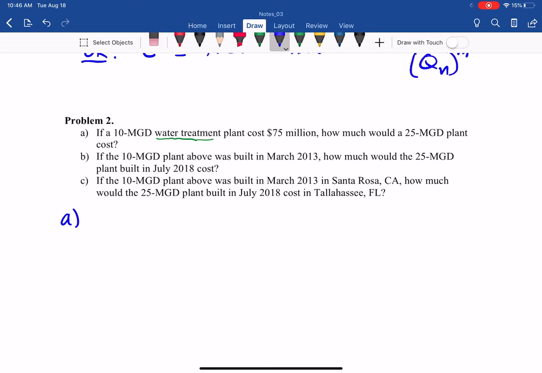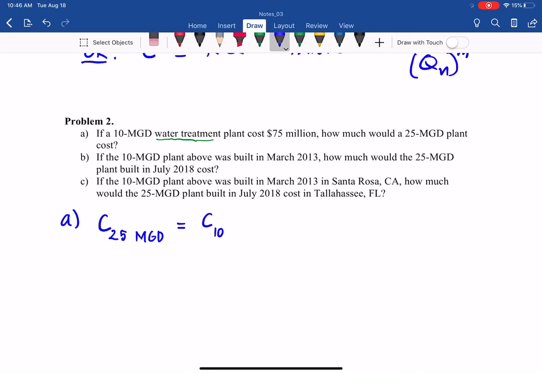So C for 25 million gallon per day equals the reference facility cost C for 10 million gallon per day times the Q of the new facility divided by the Q of the reference facility, to the power m.